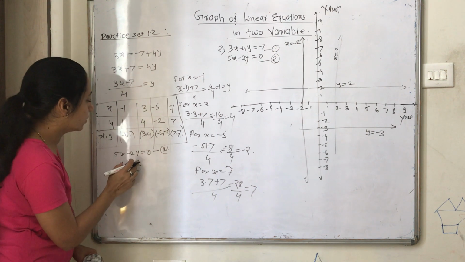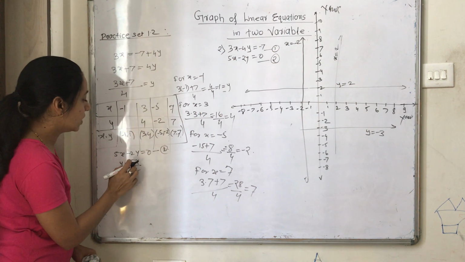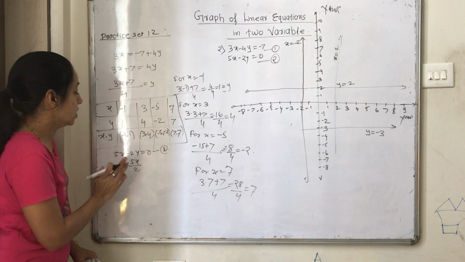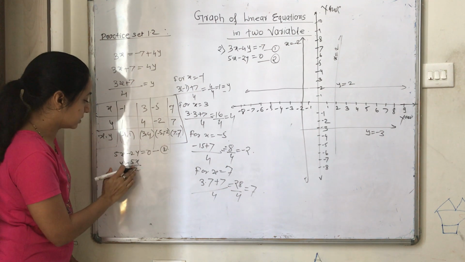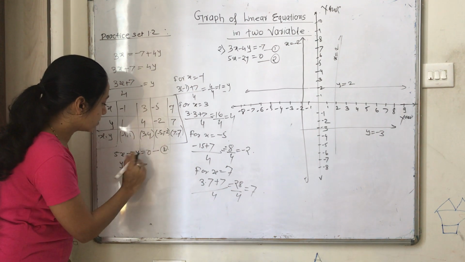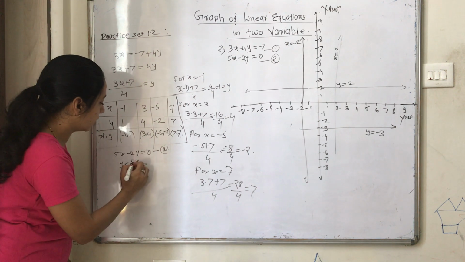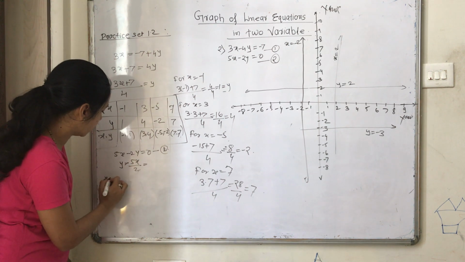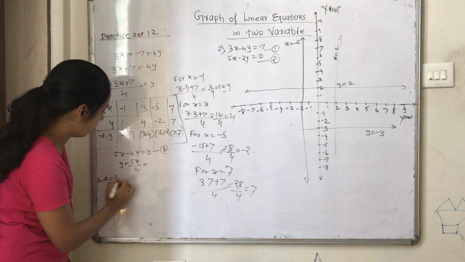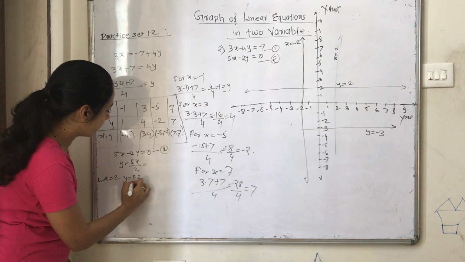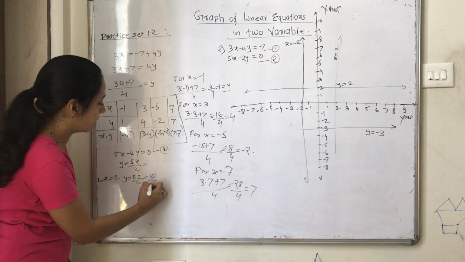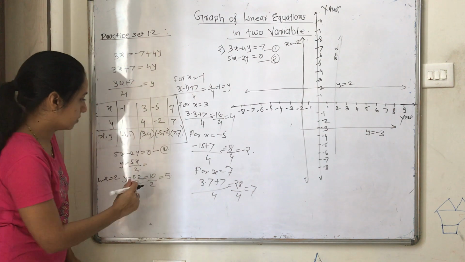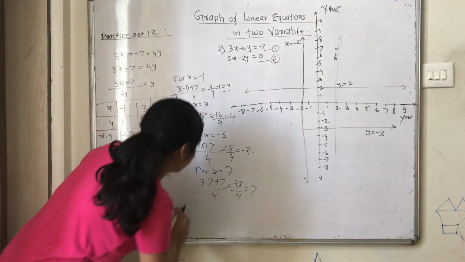I have to take the value of x such that it is perfectly divisible by 2. So I need even numbers, because even numbers are perfectly divided by 2. So the first value I will take is x is equal to 2. For x is equal to 2, y will be 5 into 2 divided by 2, which is 10 divided by 2, which is 5. Okay, I will make a table here.